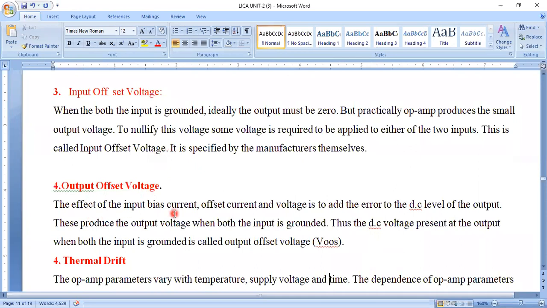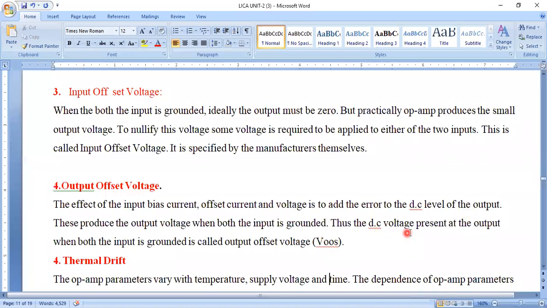The effect of input bias currents IB plus and IB minus, offset current IOS, and voltages V1 and V2: all these components, input bias currents, offset currents, offset voltages, will create some DC ripples in the output. These DC ripples at the output are obtained even when the input is grounded.